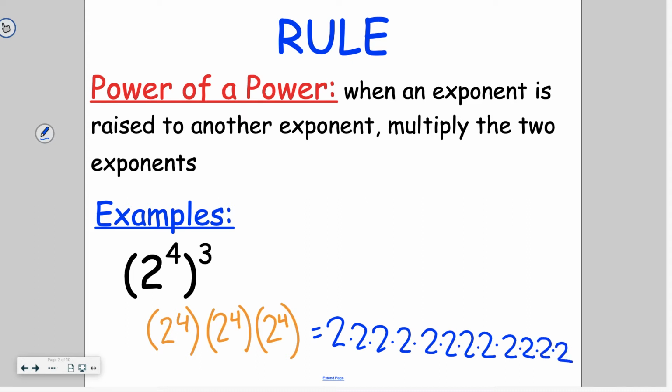So in total, we have 1, 2, 3, 4, 5, 6, 7, 8, 9, 10, 11, 12 2's being multiplied, or 2 to the 12th power. Now notice, instead of writing it out the long way, we can just multiply those exponents to get us our exponent of 2 to the 12th power.